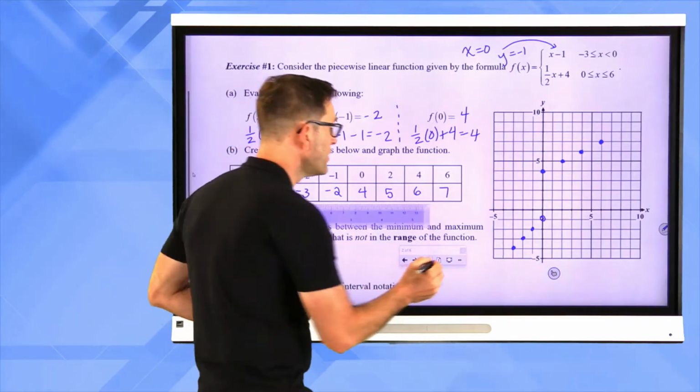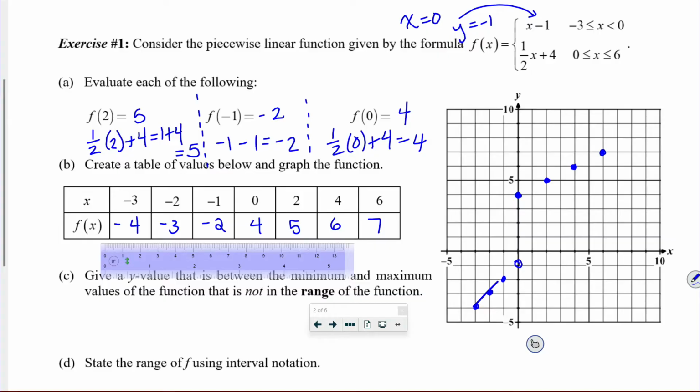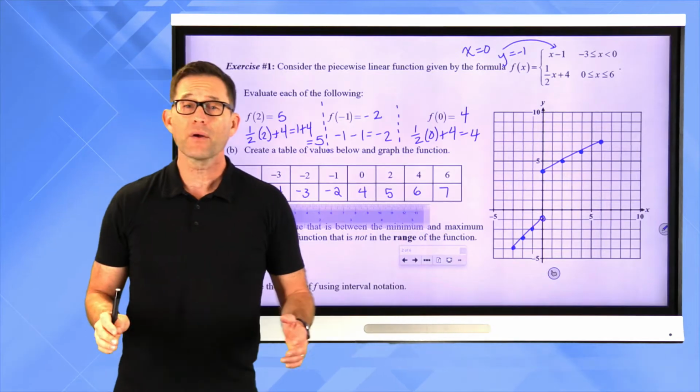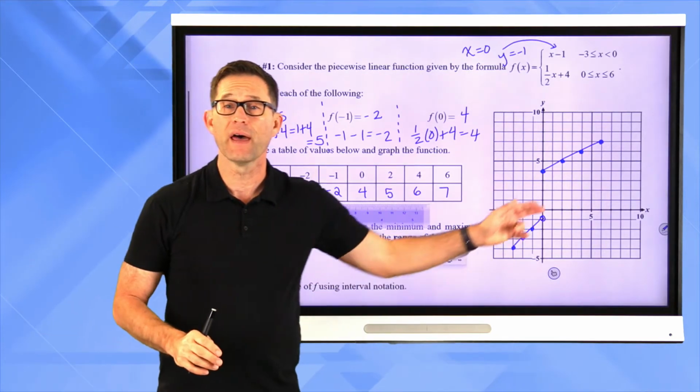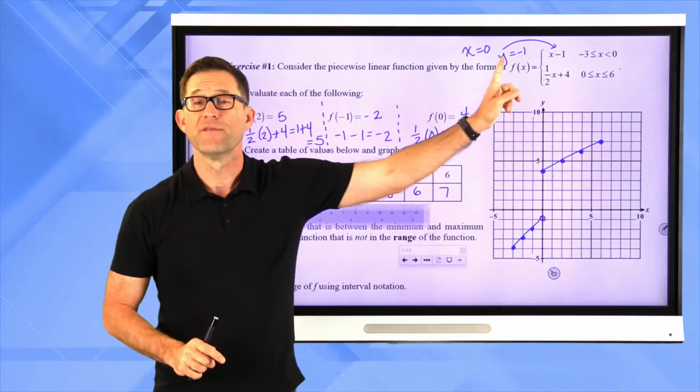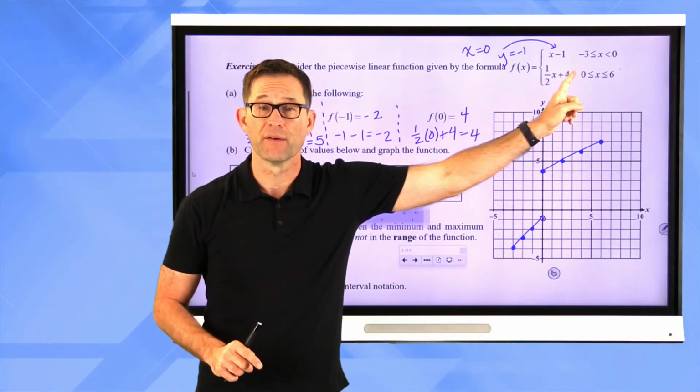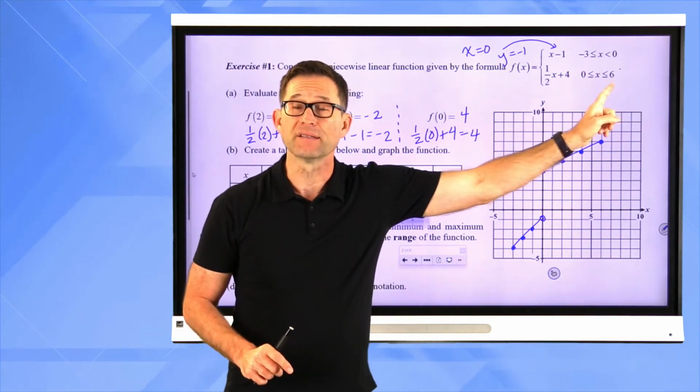So what I'm now going to do is connect all of these with a straight line, and then jump up to here and connect all of these with a straight line. I am not going to put arrows on either this end or that end because the function begins at x equals -3 and it ends at x equals 6.